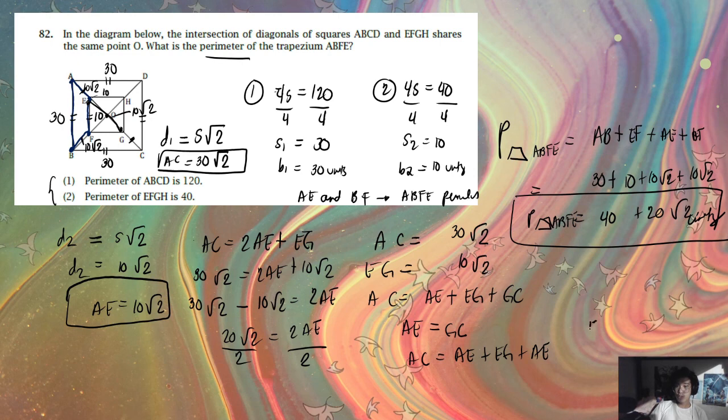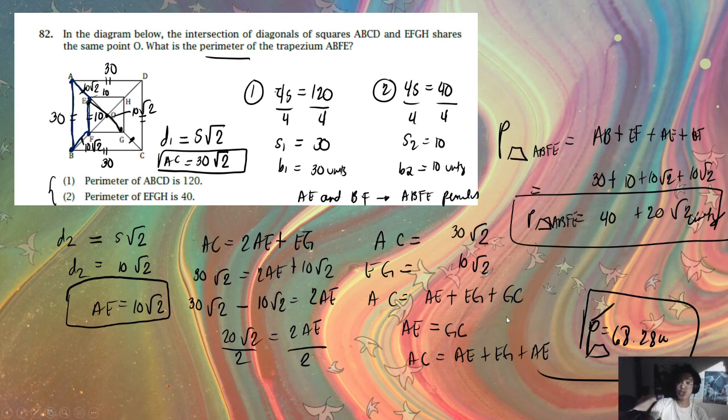So therefore the perimeter is approximately 68.28 units. And that's how we can solve this problem. The perimeter of our trapezium ABFE is approximately 68.28 units, or 40 plus 20 square root of 2 units.